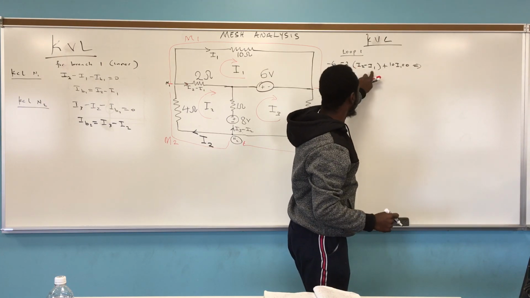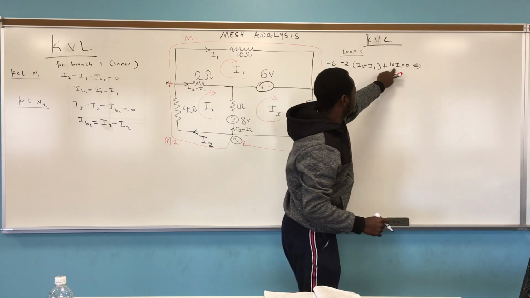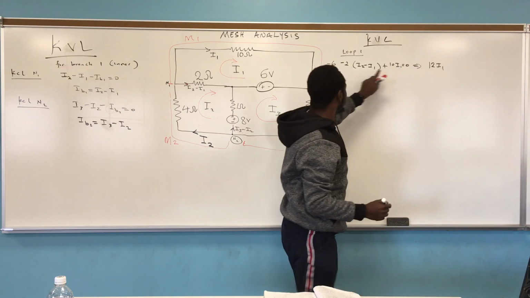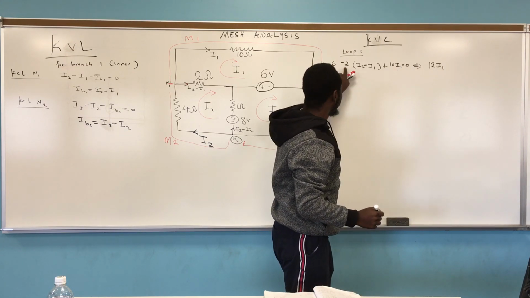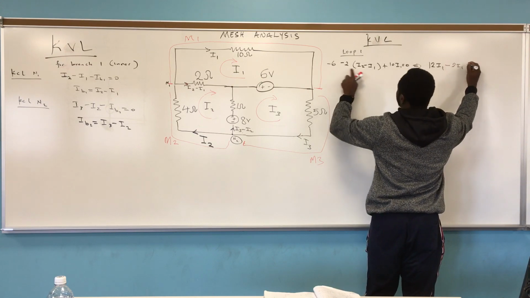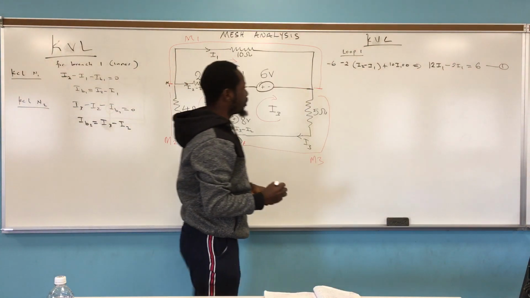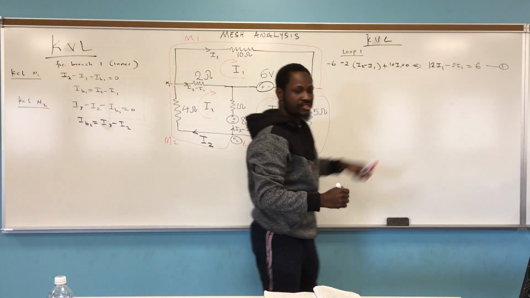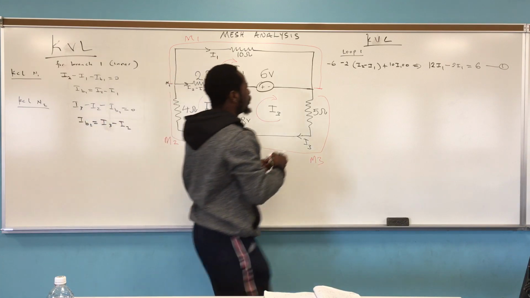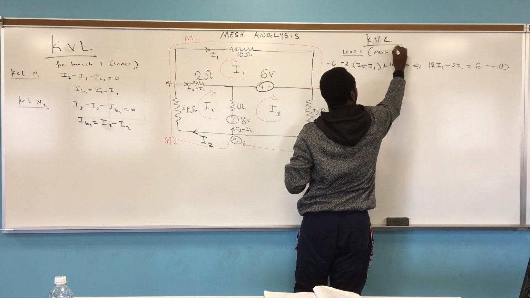So this multiplied by this will give me 2I1, plus this will give me 12I1, because this becomes positive, and then we have minus 2I2 equal to 6, equation 1. I just moved that to the other side, added 6 to both sides, right? Done with loop 1, also called mesh 1.